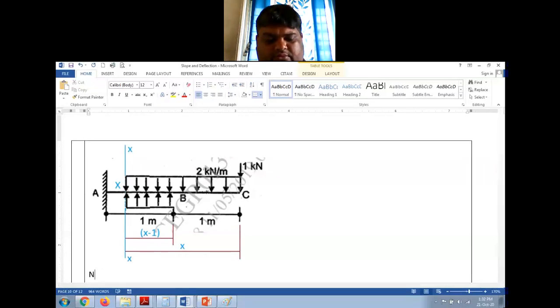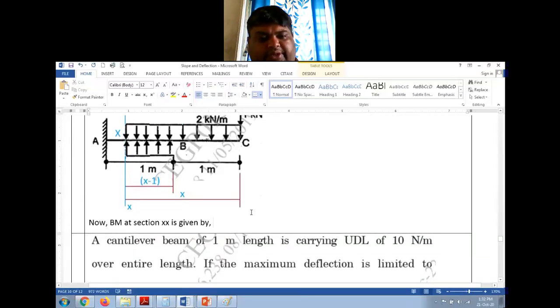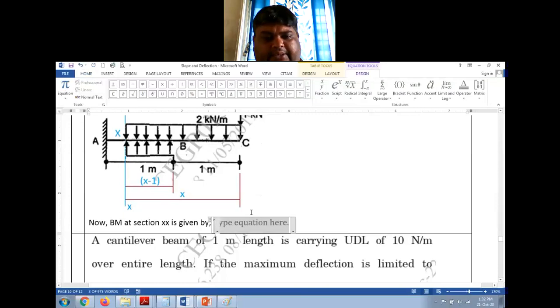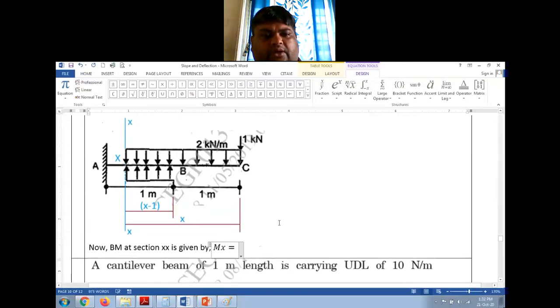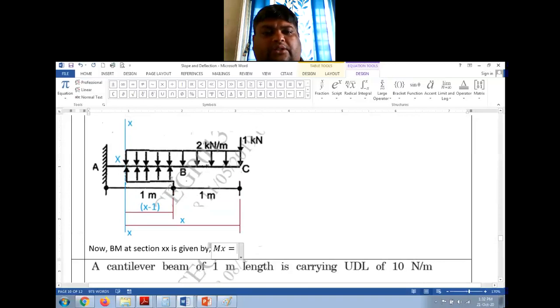Now the bending moment at section XX is given by, so from here it will be same, right? Now what is the bending moment here? It will be Mx, and that is equal to, if you see all the forces are vertically downwards, this is vertically upwards.